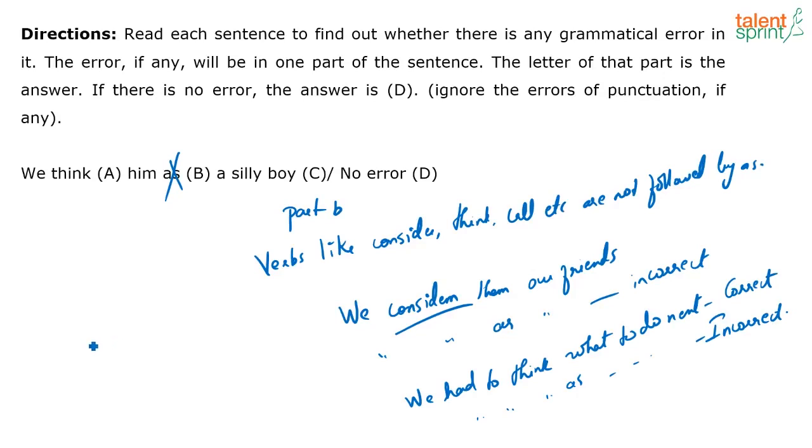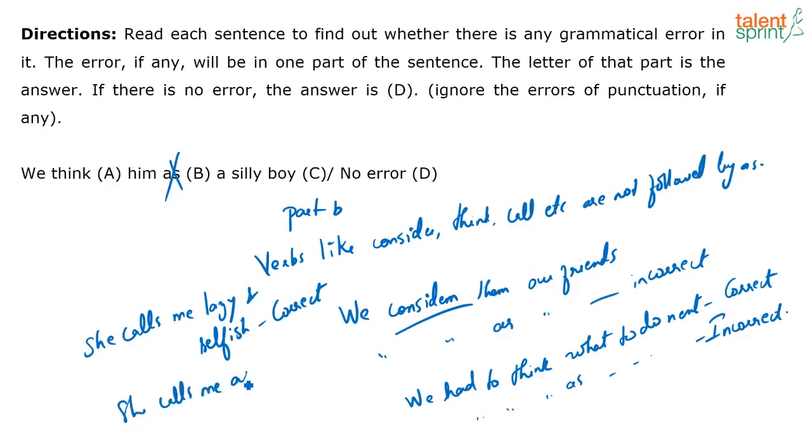So I can say, she calls me lazy and selfish. Okay, correct. Not she calls me as lazy and selfish. Incorrect. Okay, now that we've clarified that, let's move on.